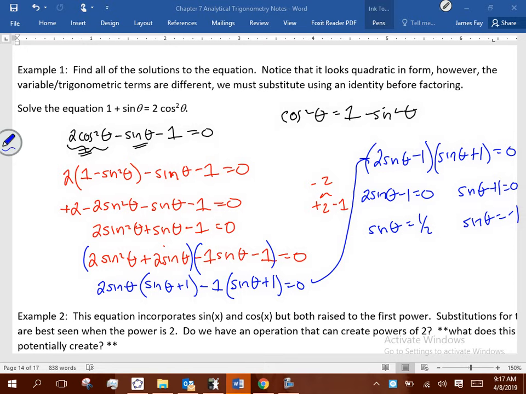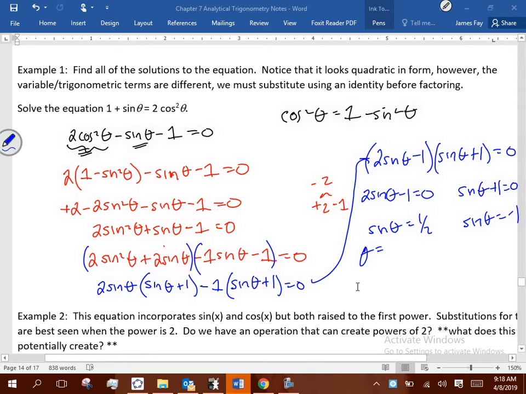Now we got to think about what our solutions are. Because we do all that work, that's a lot of work. But we're judged off what our theta is, what we get for the final answer. So I keep going. For what angle do you get the y value to be a half? Let's do it in degrees.